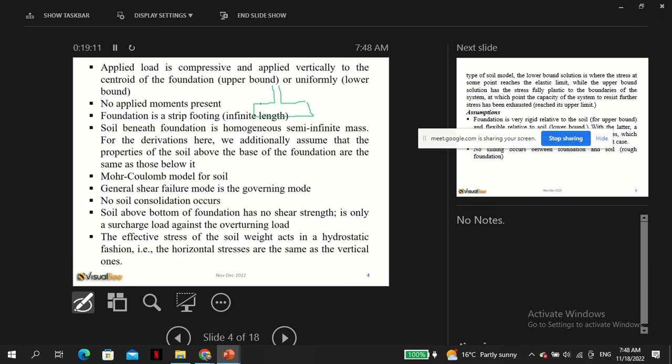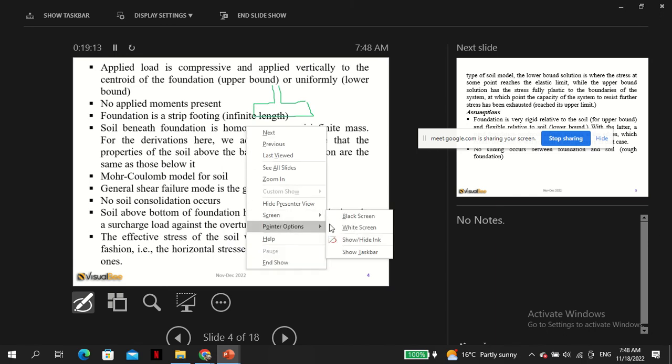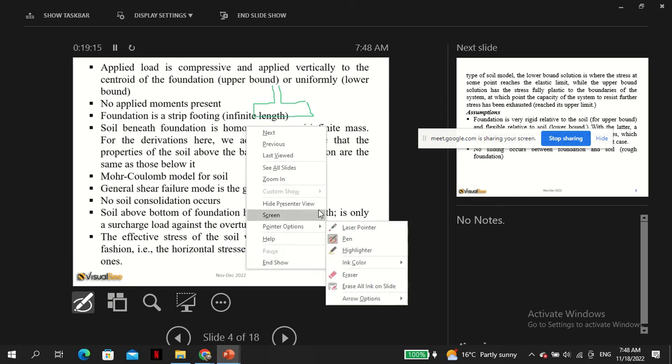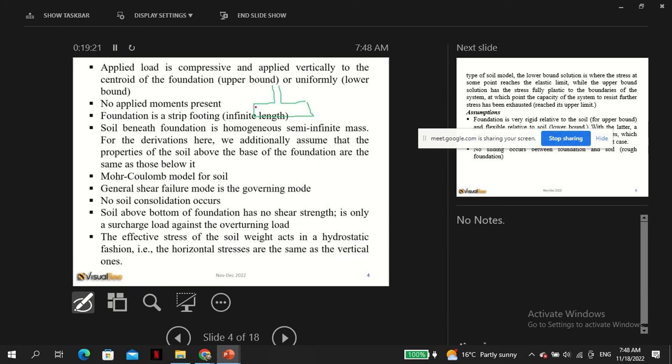Now that assumption says that, so this is the x and z. So the length in the z direction is infinite, is long.